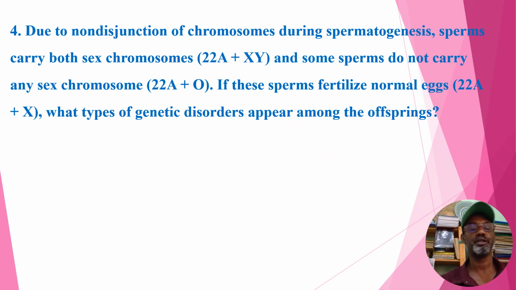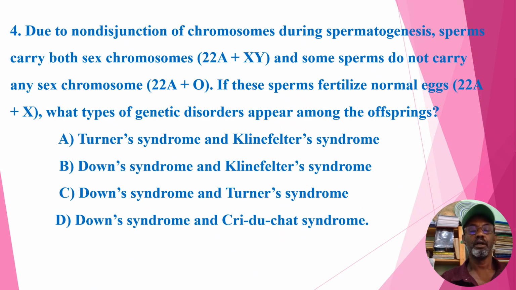It produces an individual with XXY, Klinefelter, and produces X0, only one X, Turner syndrome. The answer is Turner syndrome and Klinefelter syndrome.